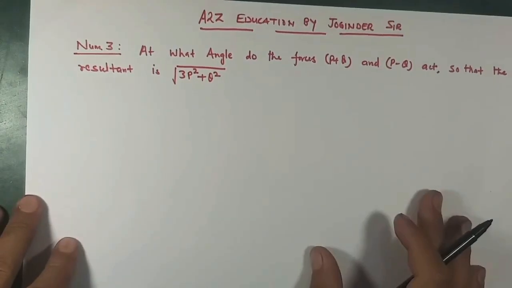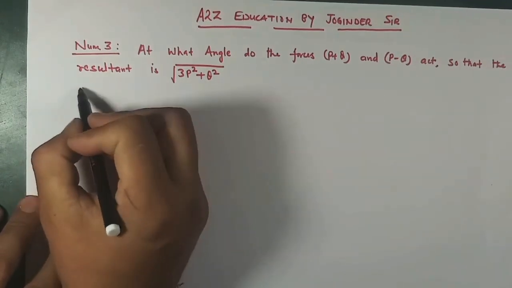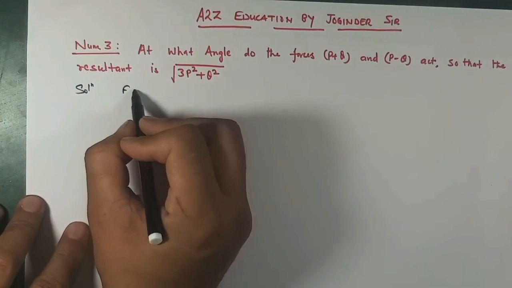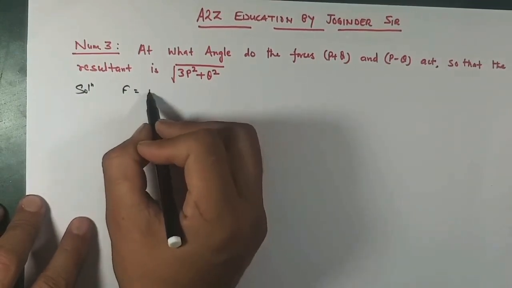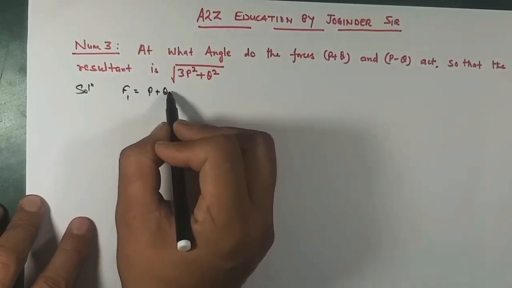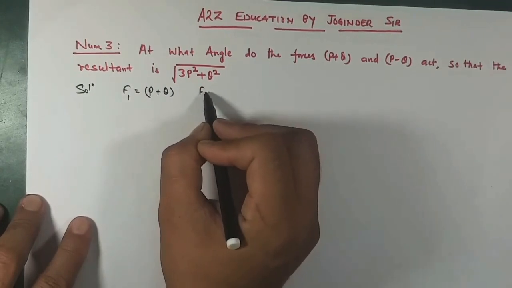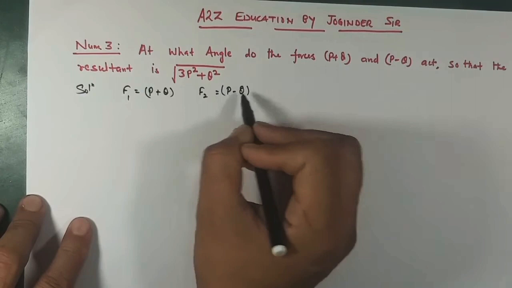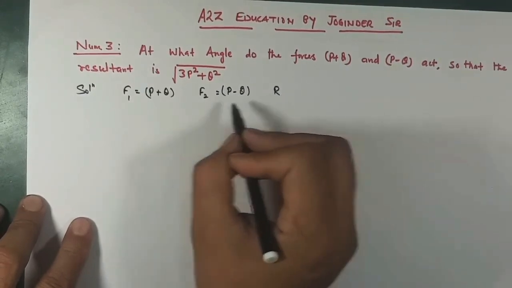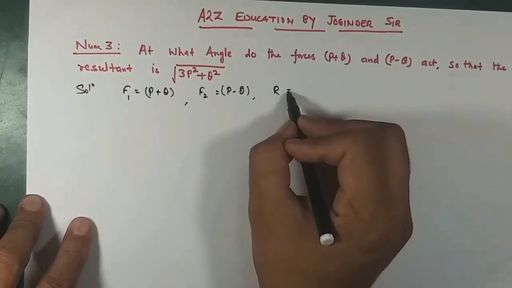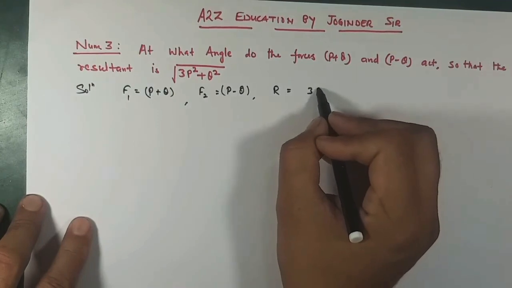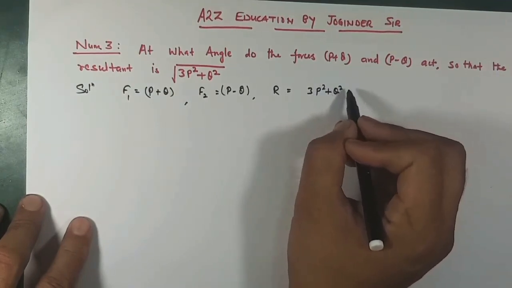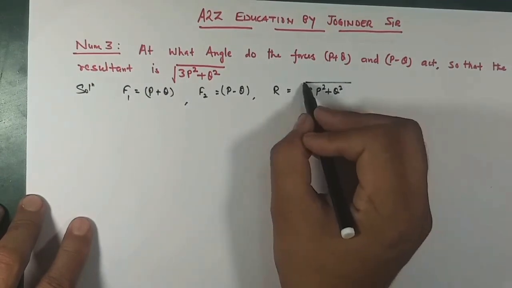So here the solution of this numerical is, here F1 is given P plus Q, F2 is equal to P minus Q, and resultant is also given. It is root of 3P square plus Q square.